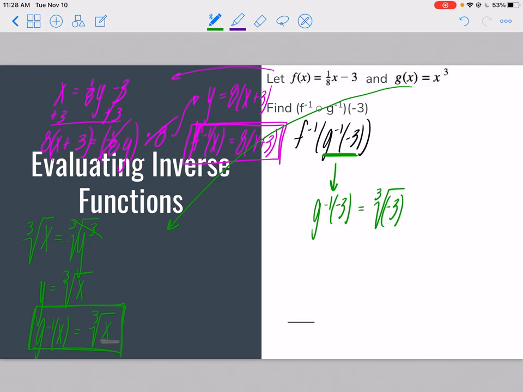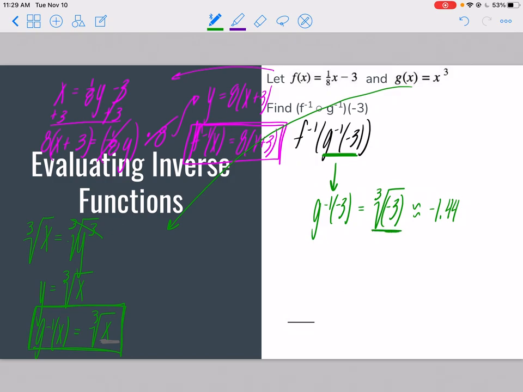You can go ahead, take a minute to plug that into your calculator. I'm going to do the same. It's approximately negative 1.44. Okay, and then I'm going to just leave it in this form for now.